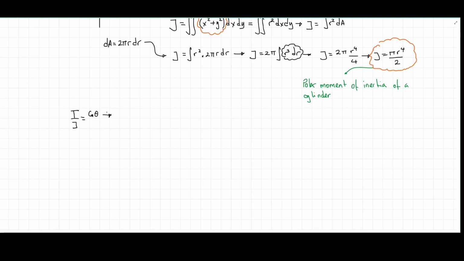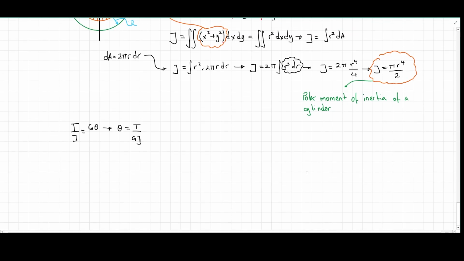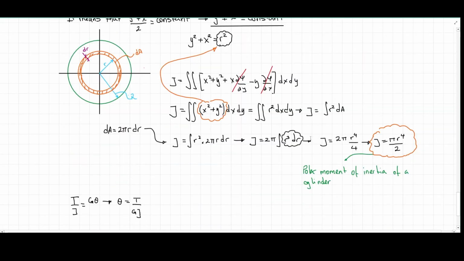Then I'm interested to know this twist angle. You're going to see why. θ = T/(GJ), where GJ is the torsional rigidity.